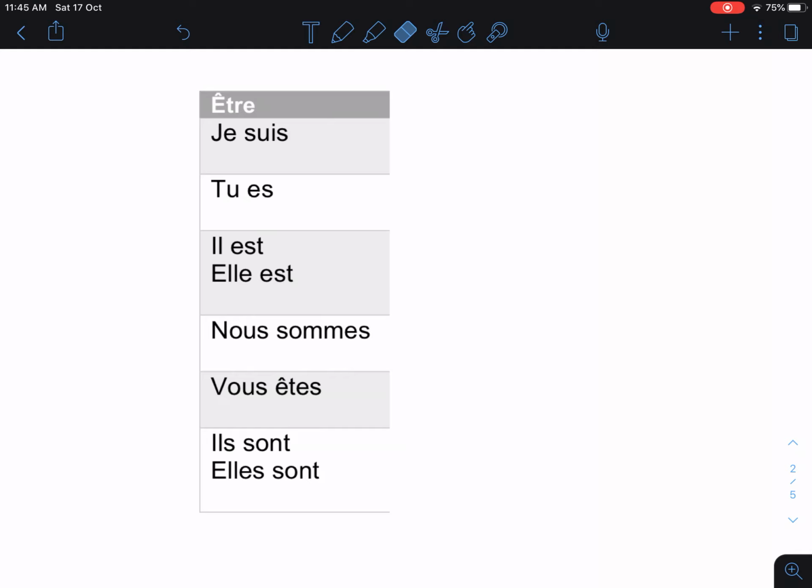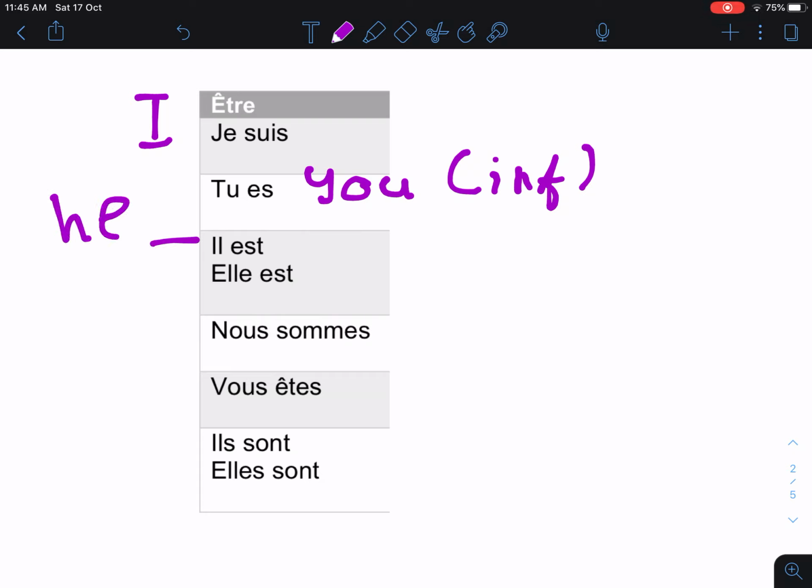Je means I. Tu means you, but informal. Il here means he. Elle here means she.